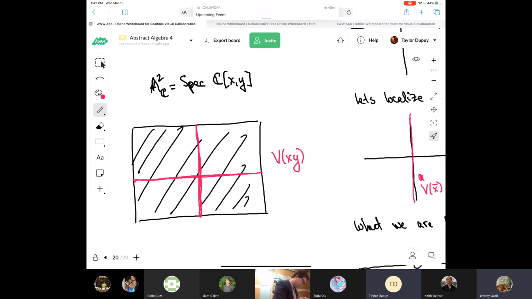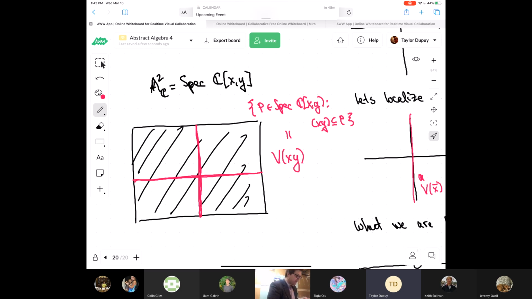So this is the set of P in spec of C[x,y] such that xy is contained in P. Contained in P means that mod P, this thing is 0, and going mod P is like evaluation at a point.